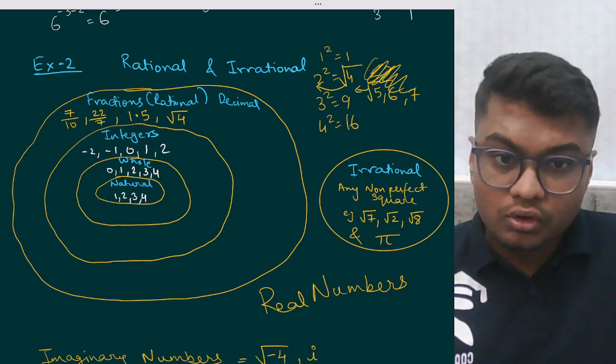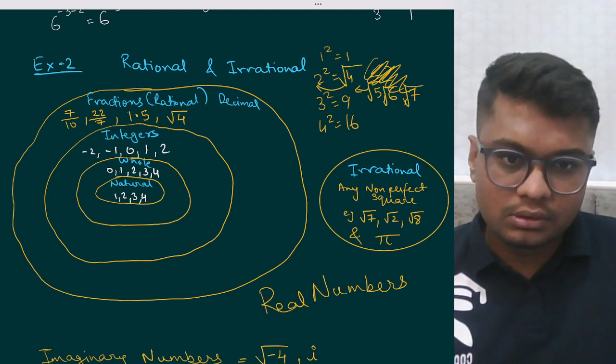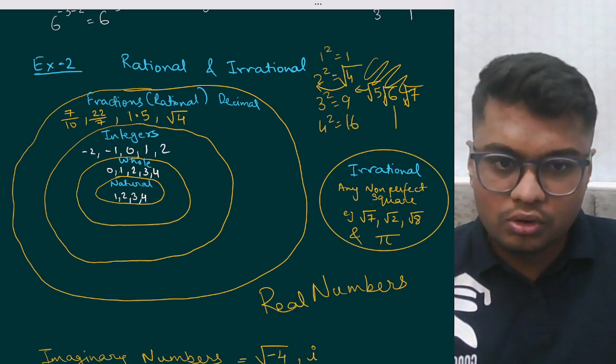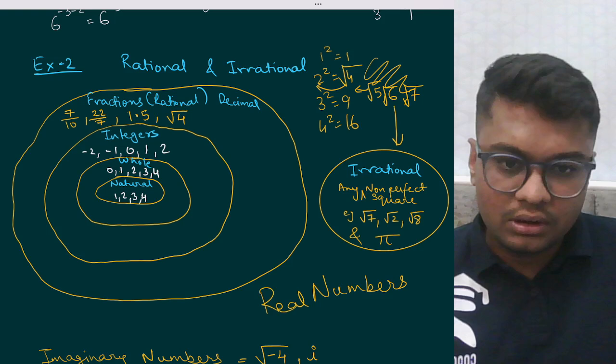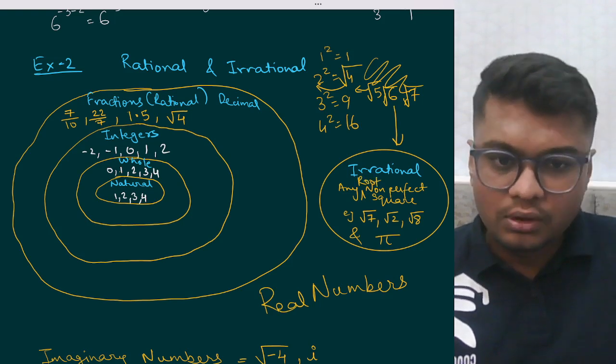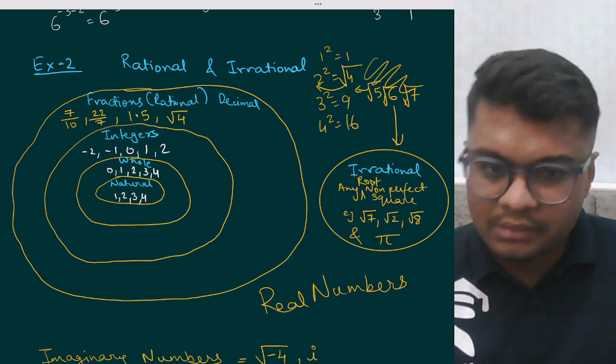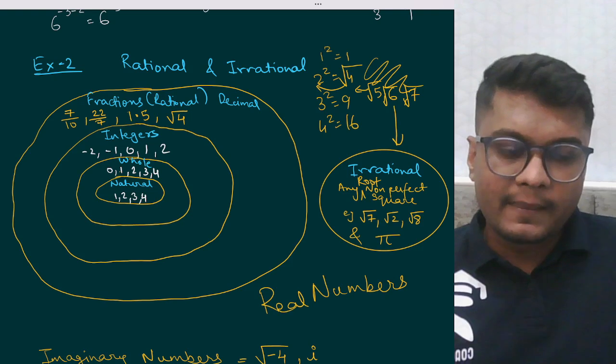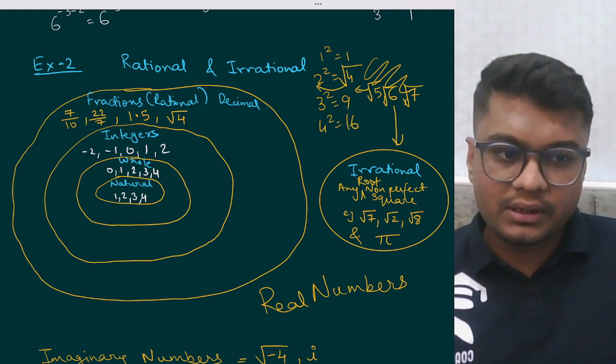Answer is no. So their root will be called non-perfect squares, and any root of a non-perfect square is an irrational number. Also there are special numbers like pi which are irrational numbers, right?